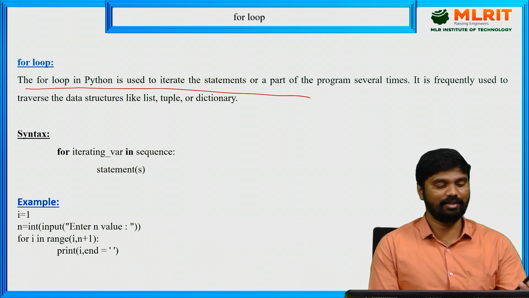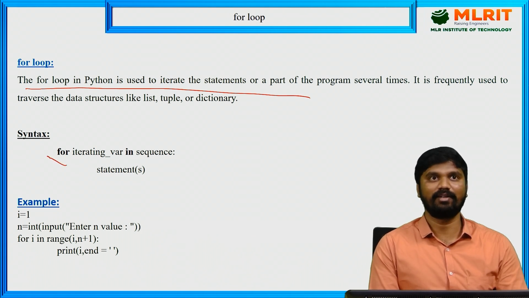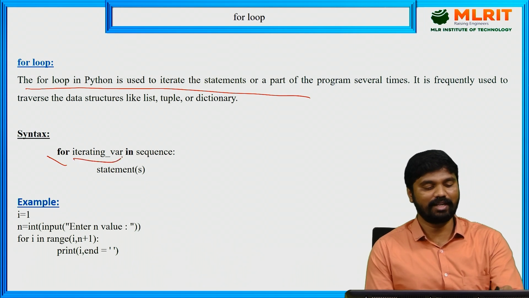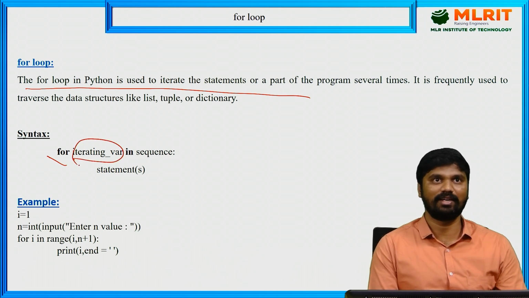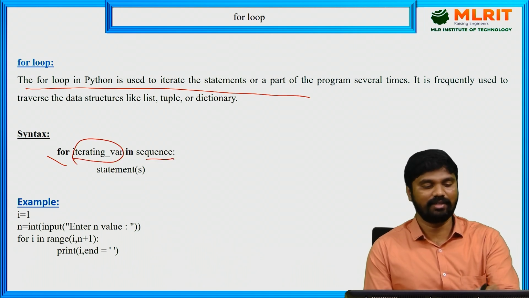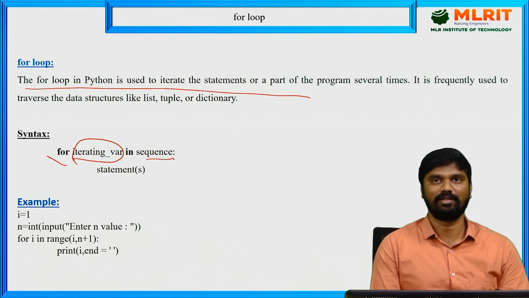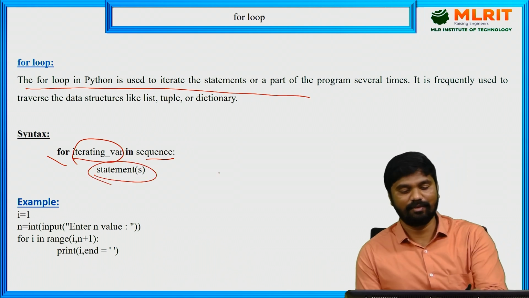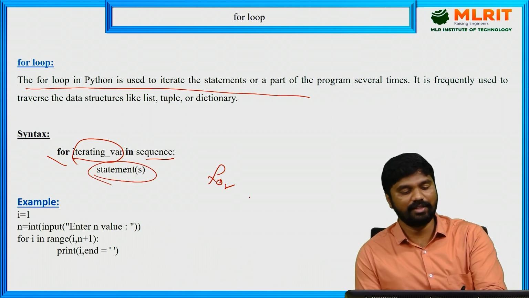Next, we have the syntax. For iterating variable in sequence, and that sequence may be a list, tuple, dictionary, anything, and then the statements to be executed. For example, for each value of I in a list, then statements.